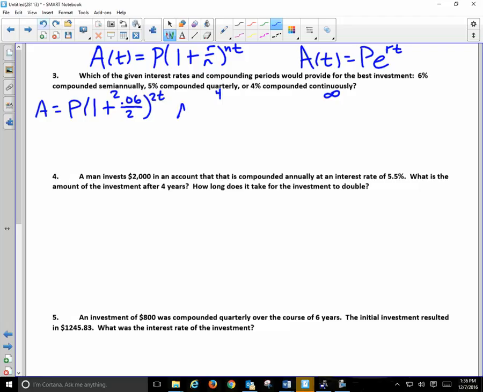So I have amount is equal to P times 1 plus 0.05 over 4 raised to the 4t power.